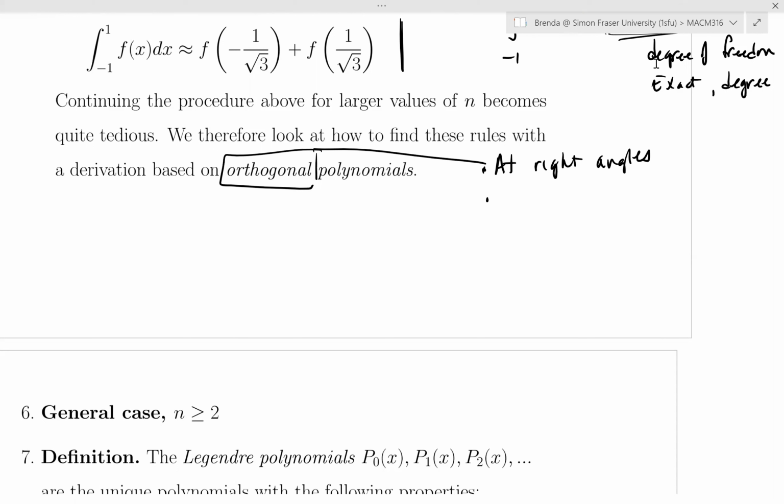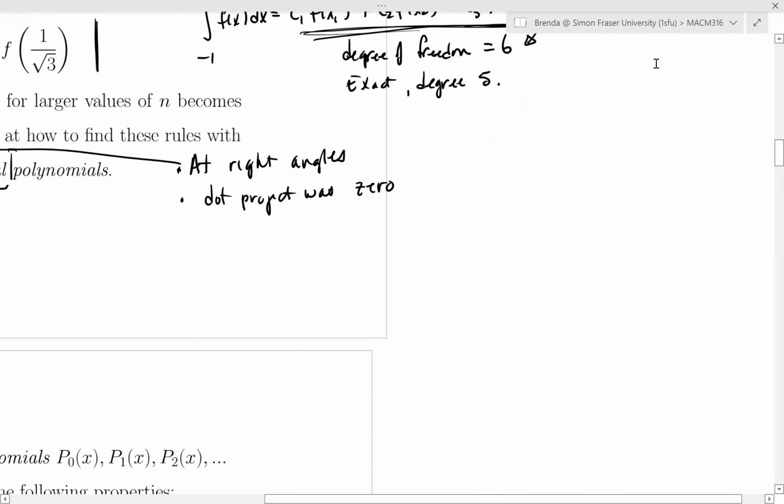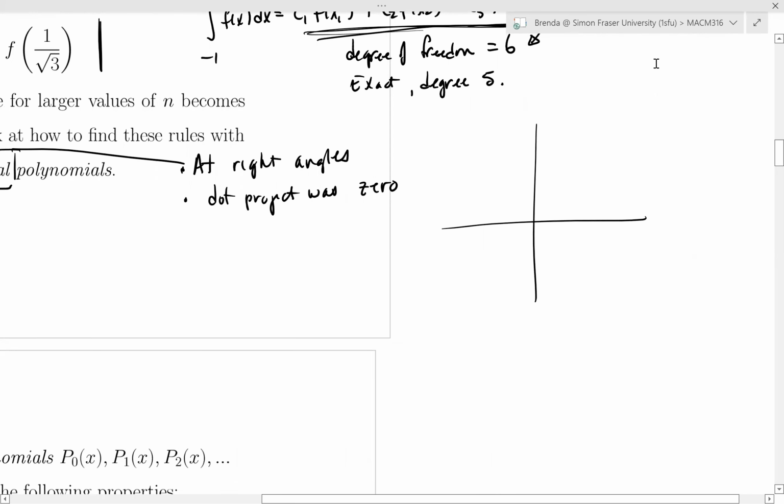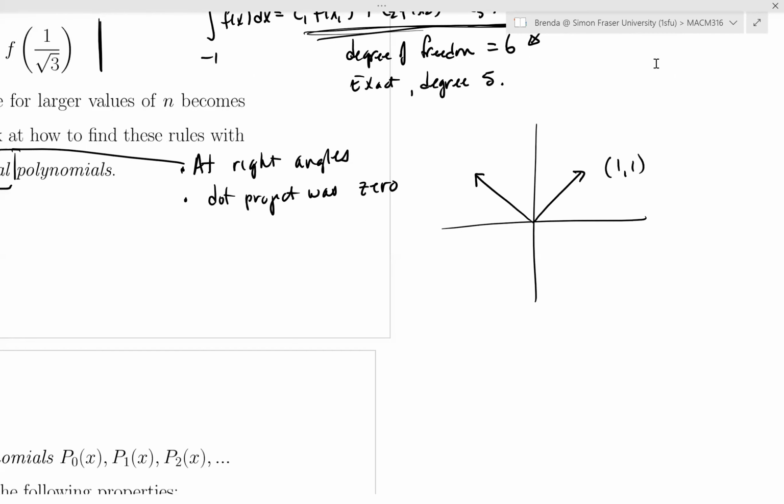and typically speaking, in Math 232, for example, you would realize that would mean that the dot product was 0. We have two vectors, their dot product is 0, and we realize the vectors are orthogonal to one another. Let us remind ourselves of that fact. Let us imagine I had a vector (1, 1), then I have another vector (-1, 1).